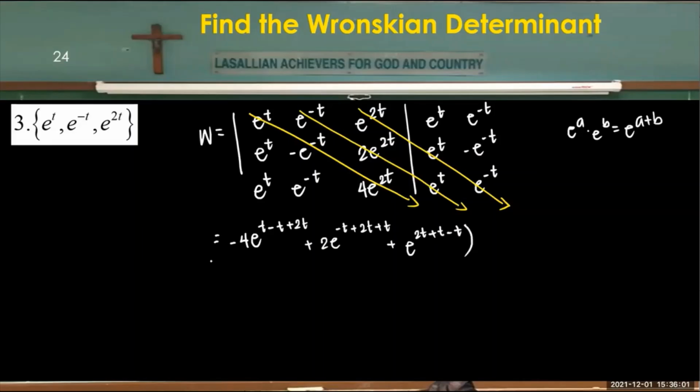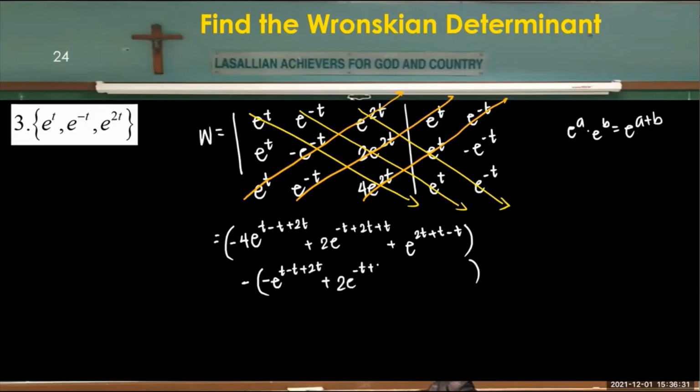So that's the first group minus the second group. For the second group, let's draw the secondary diagonals. There's a negative sign, e to the t minus t plus 2t. And then 2e to the negative t plus 2t plus t. And then positive 4e to the 2t plus t minus t.